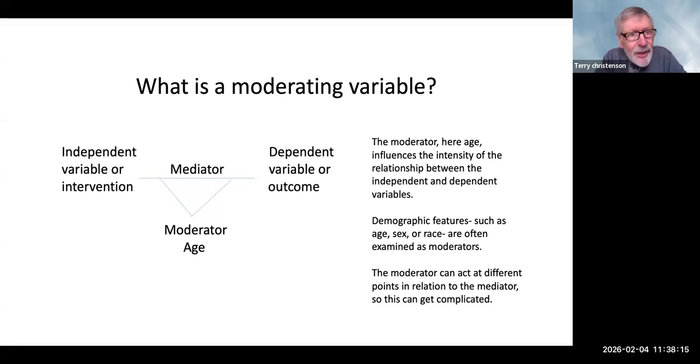This gets complicated in part because the mediator can act at different levels, more on the independent variable side or more on the dependent variable side. And I often see allusions to that without a clear presentation of what the moderator is going to be doing.